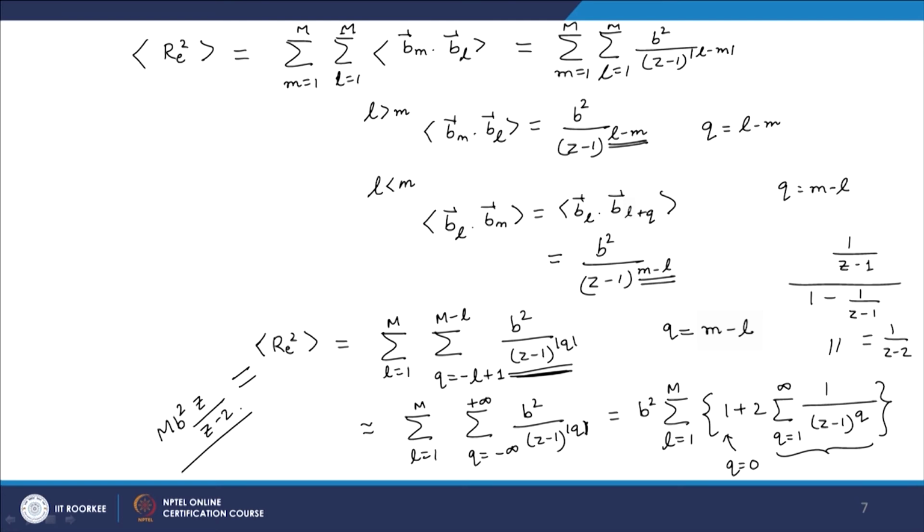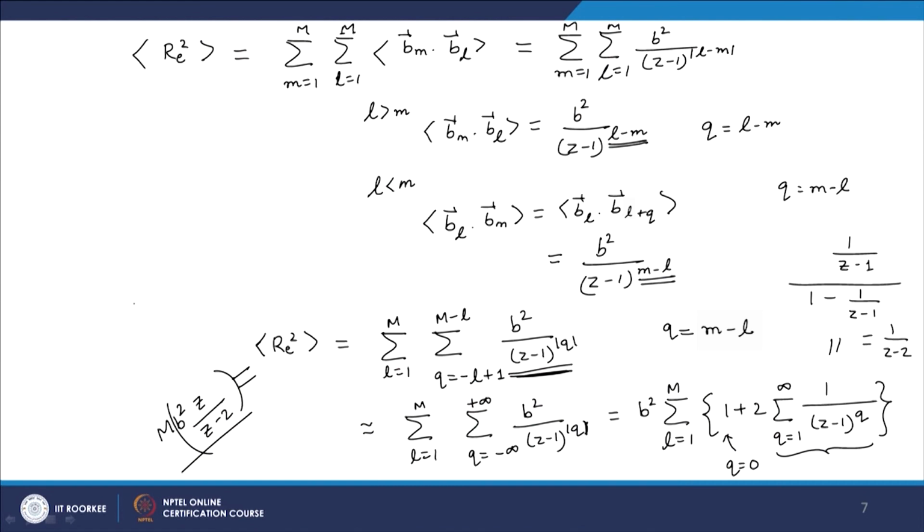Okay. So, after doing all this kind of math, what exactly did we get? We got an additional factor of z by z minus 2, which was anyway a constant, because if I go from say a 2D lattice to a 3D lattice or any kind of a lattice, ultimately it is just a number, right. So, it will be like something multiplied by this.